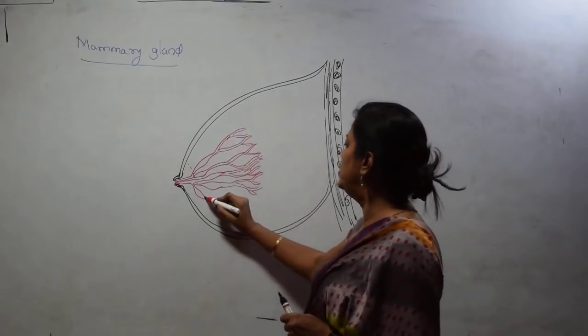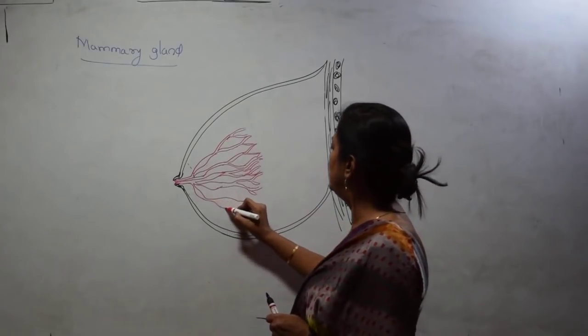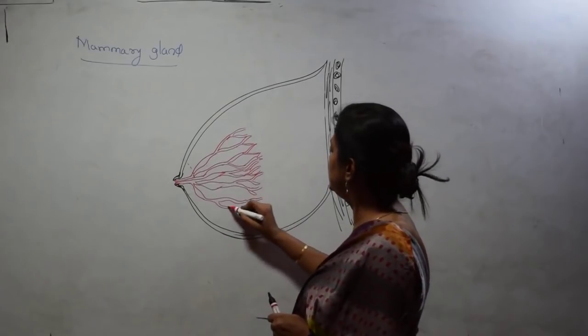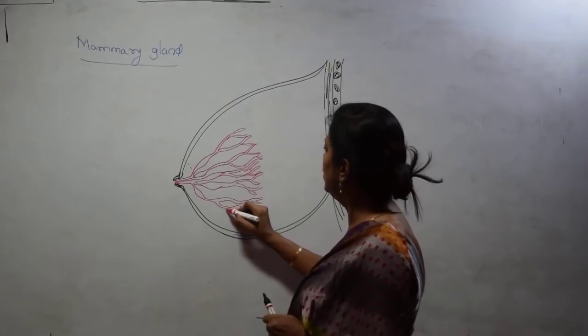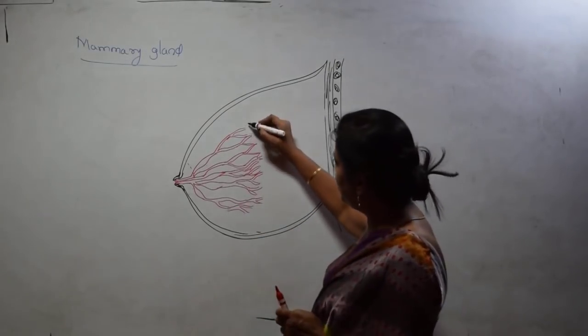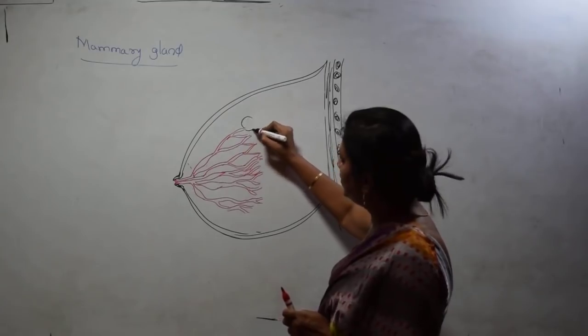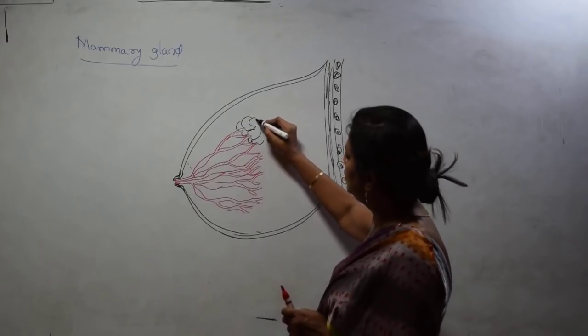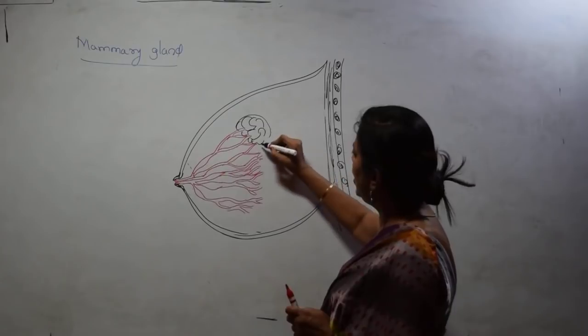Then this is about the branching of the alveolar ducts. They will all open, or are released, into this. There is a release of alveolar ducts. These are the alveoli. These alveoli are found in bunches, in small alveolar sacs.